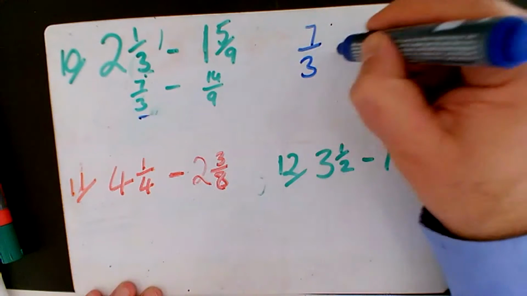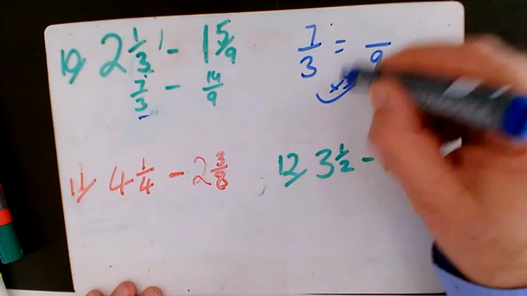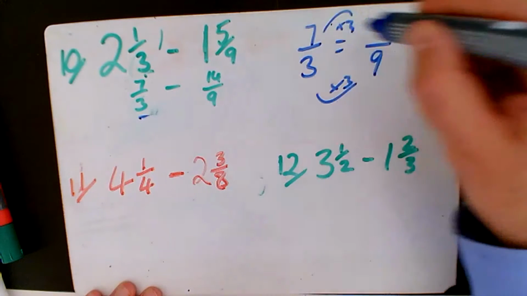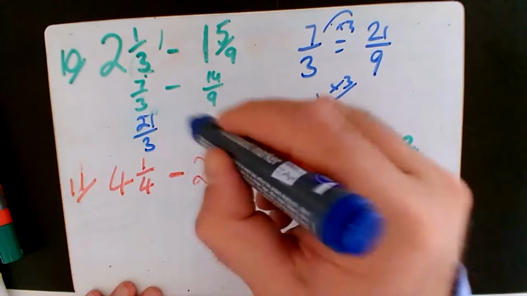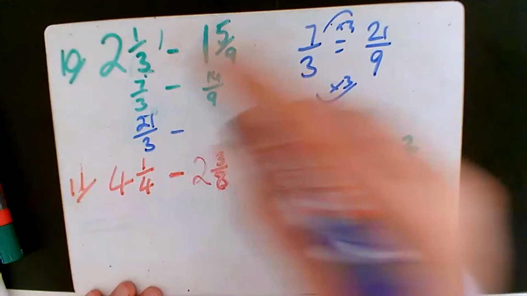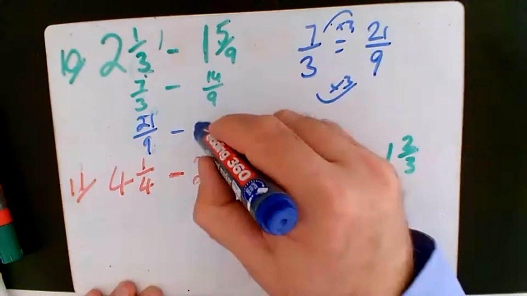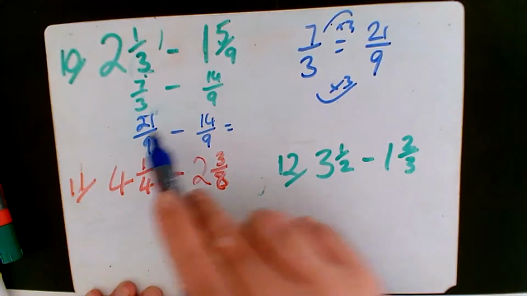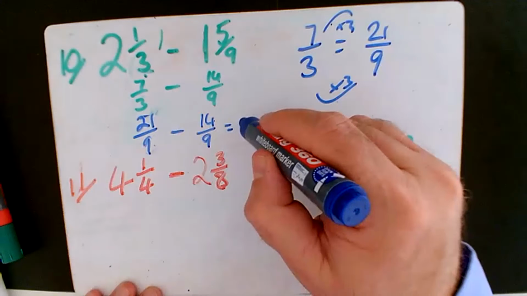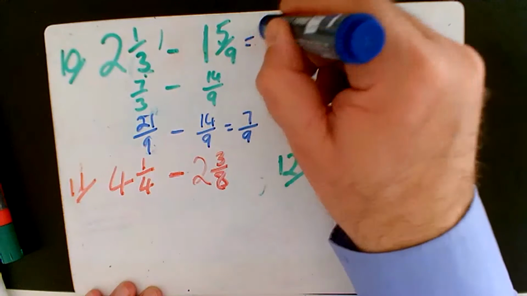So 7/3 equals how many ninths? Times by 3, times by 3. 7 times 3 is 21. So now I've got 21 ninths minus 14 ninths. So 21 ninths minus 14 ninths is 7 ninths, my answer.